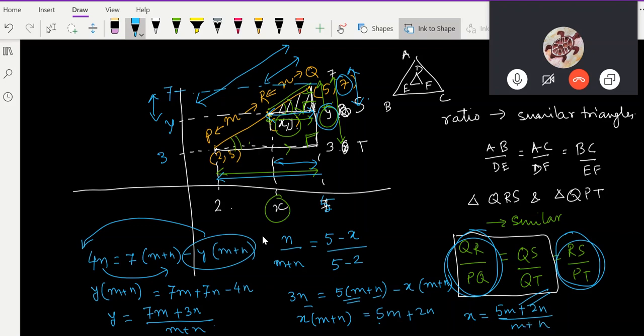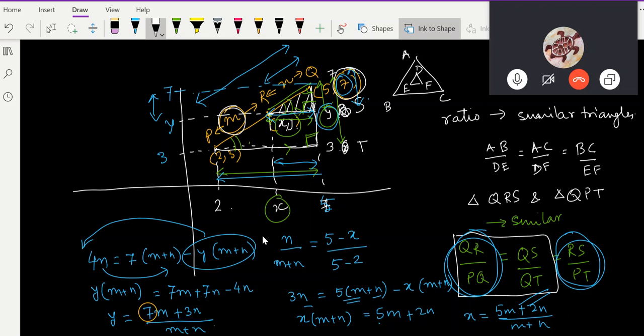Now notice one thing, that the easiest way to calculate this is to take 7, which is the coordinate of the point Q, multiplied by the distance between P and R. So it is just a cross multiplication.